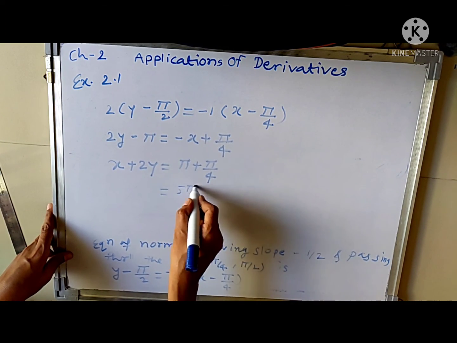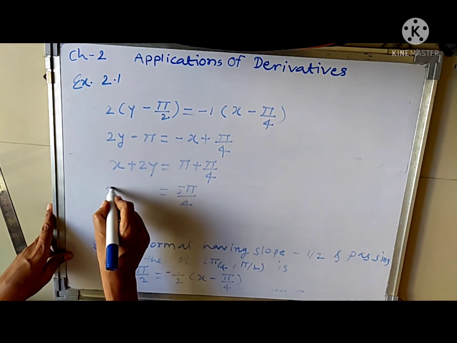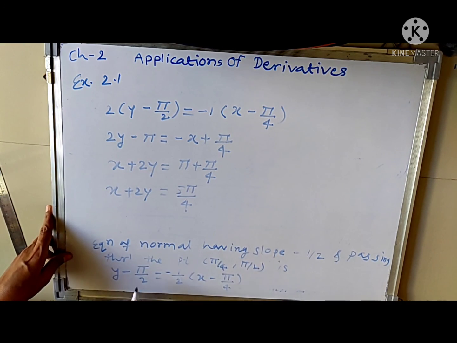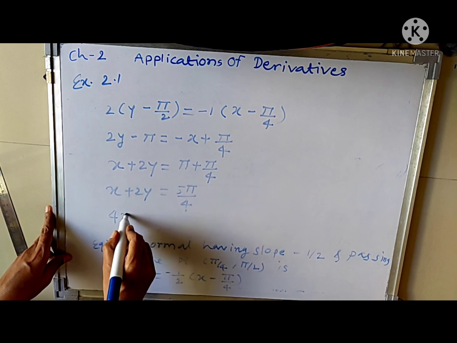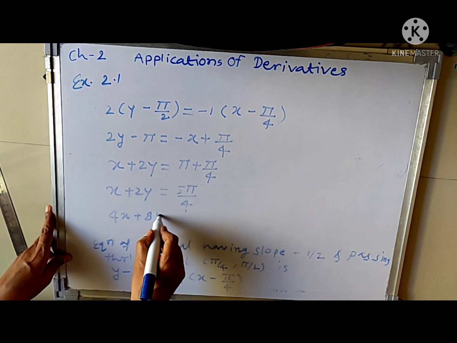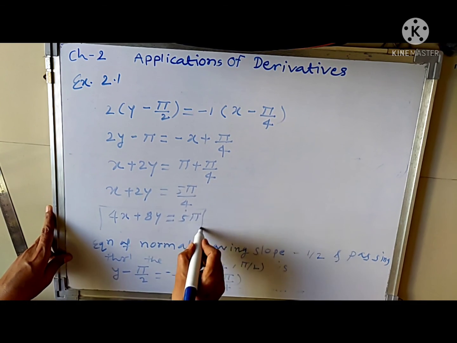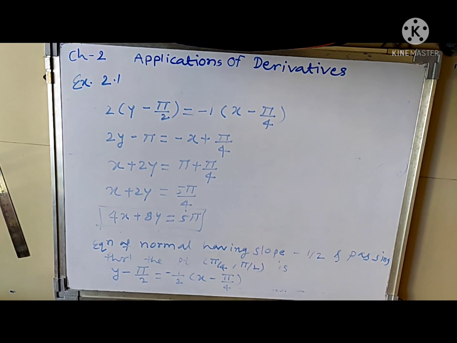It is 5 pi by 4. It is x plus 2y. I have to remove this 4. Therefore, you have to write 4x plus 8y is equal to 5 pi. It is the equation of the normal.